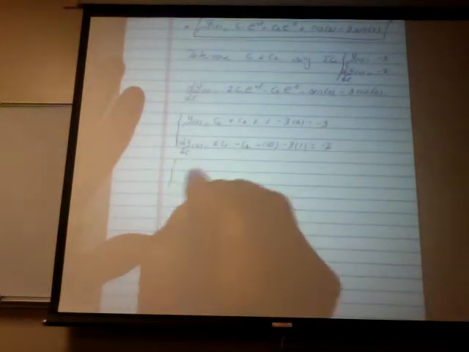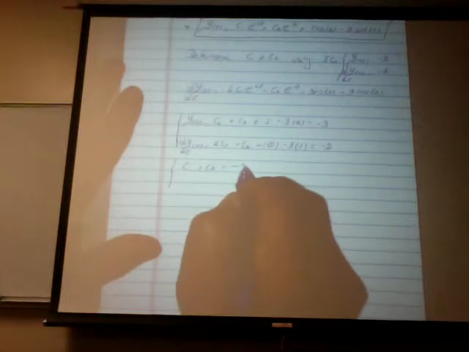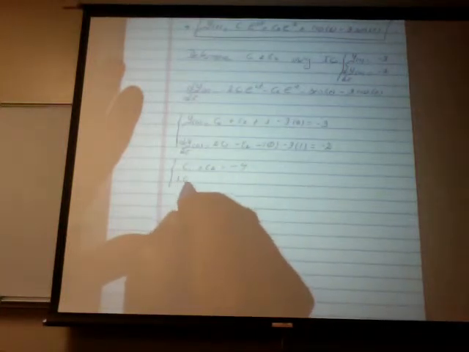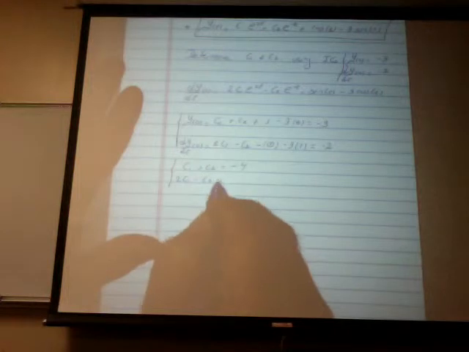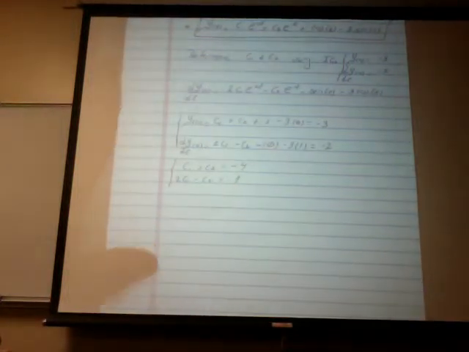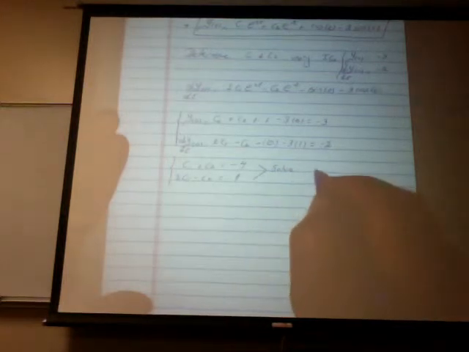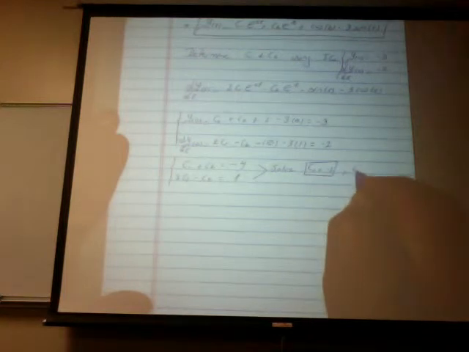So what we have is C1 plus C2 is equal to minus 4, and 2C1 minus C2 is equal to 1. So those are two equations, the two unknowns, C1 and C2. We solve the simultaneous equations and get C1 equals minus 1 and C2 equals minus 3.